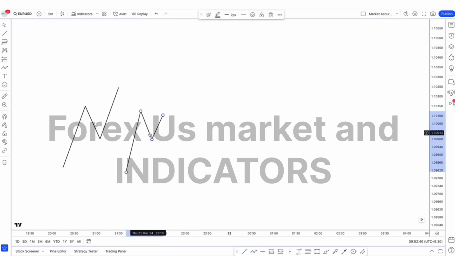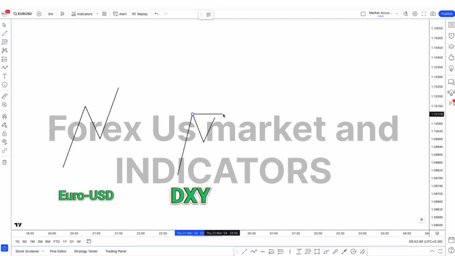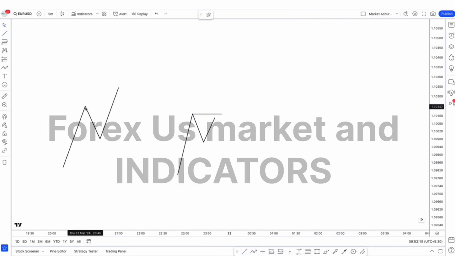So when you have your EUR/USD making a higher high and the dollar index fails to create a higher high, and you also have an ABC formation on your EUR/USD, you can wait for a market structure shift, and you take your entry and boom, you can target this level or the level down here. Okay, so it's really that simple.